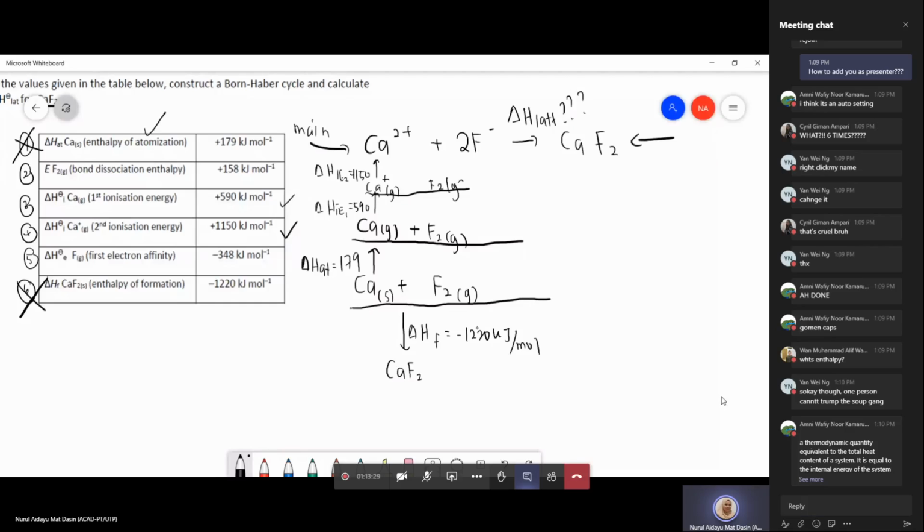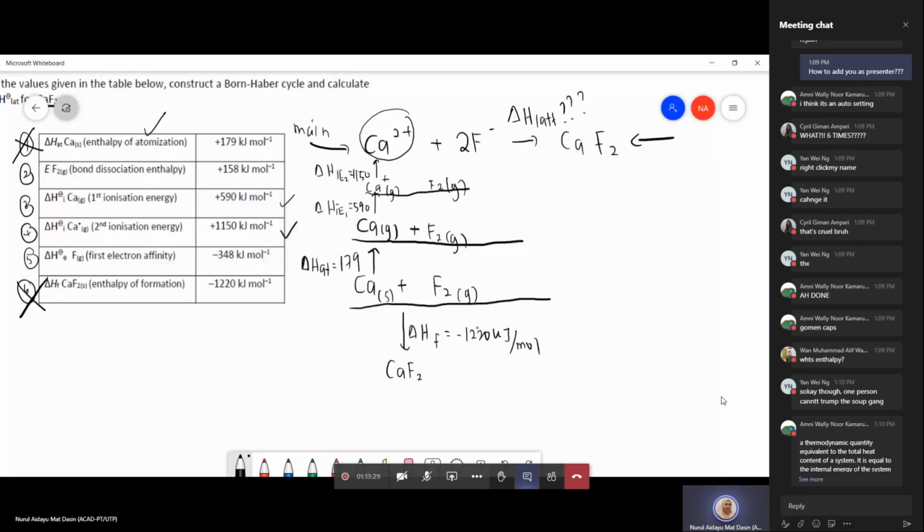Copy F2 here. So we have settled the Ca, and we have Ca2+ in order to form the lattice, delta H lattice, with F2.